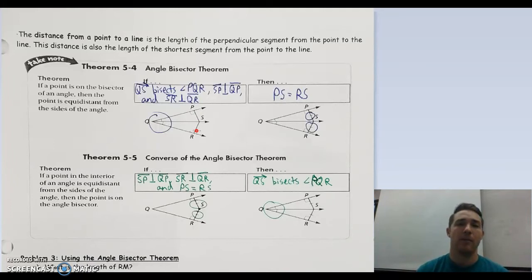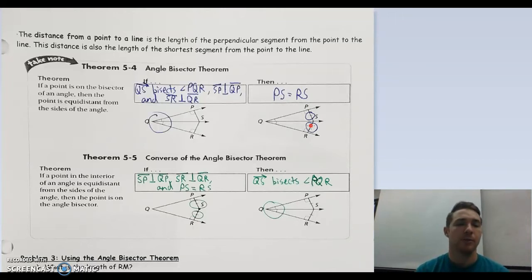What this theorem is telling me is that since S is on the angle bisector, the distance from S to one side of the angle, from S to P, should be the same as the distance from S to the other side of your angle, from S to R. And that's what we have in that second figure. So PS and RS should be the same length.